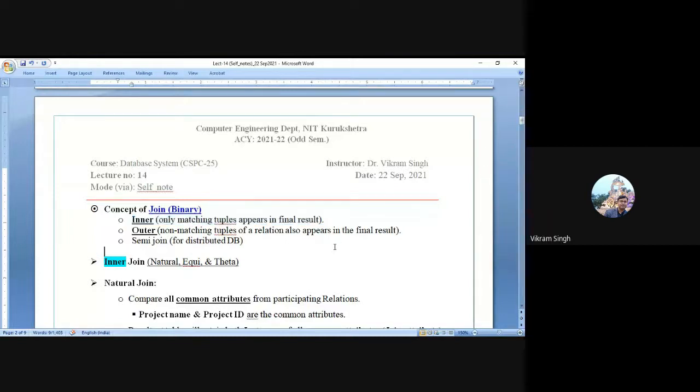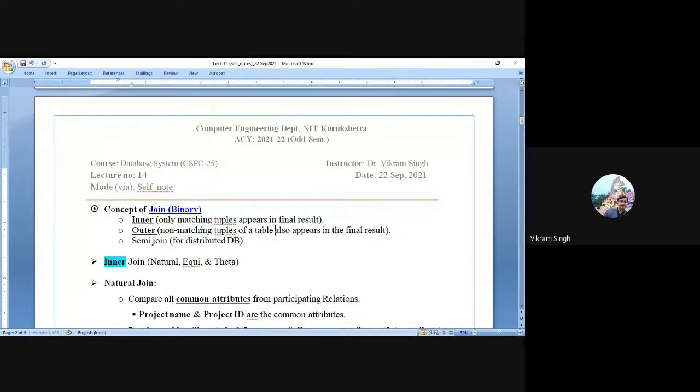But in some situations, it is required to maintain the non-matching tuples also. Now I'm saying non-matching, but not from both participating database tables. In some cases, it is required to keep the non-matching tuples of one table.